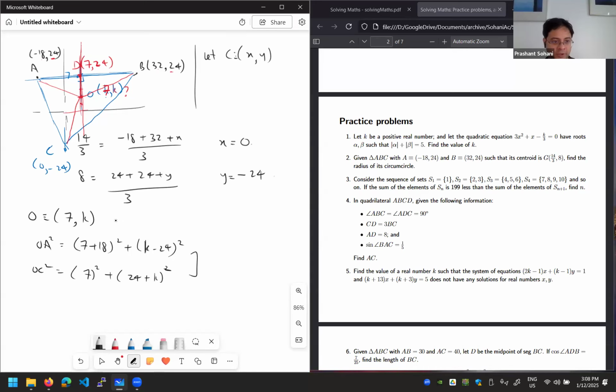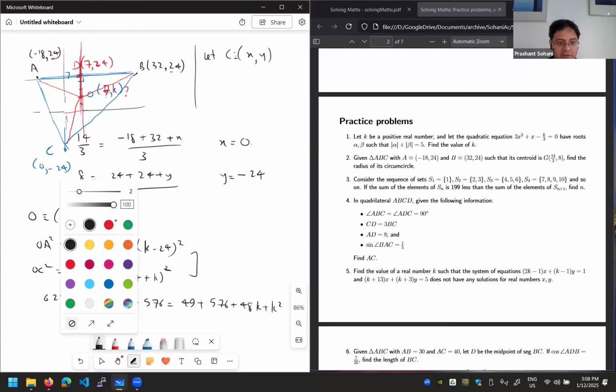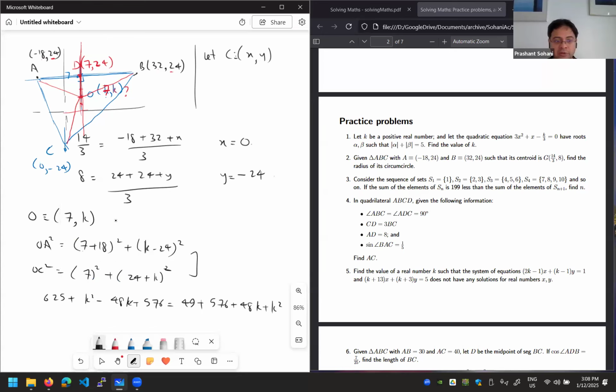If I expand this, I'm going to get 25 square is equal to 49 plus... you see many things are going to cancel because this k square is going to go away.